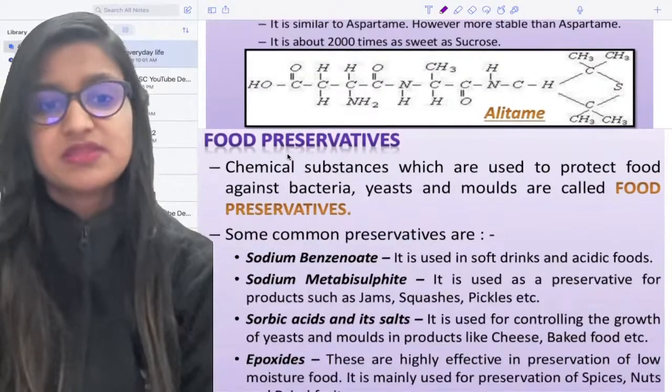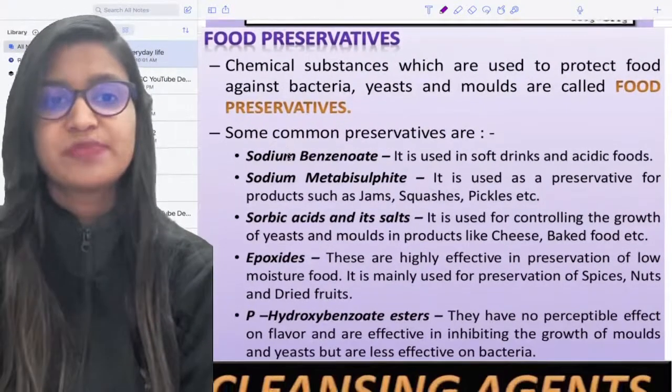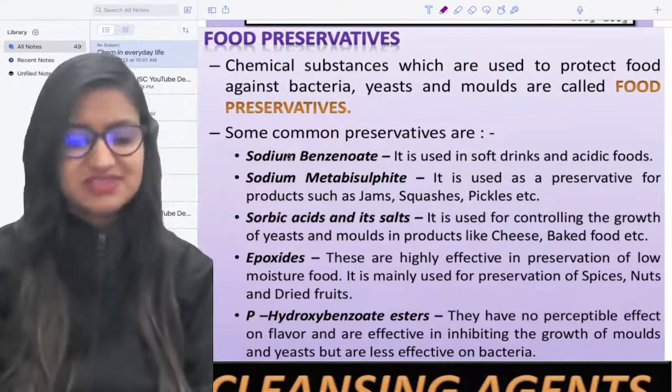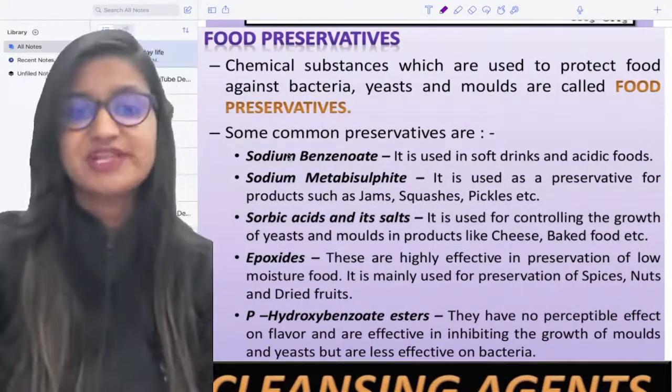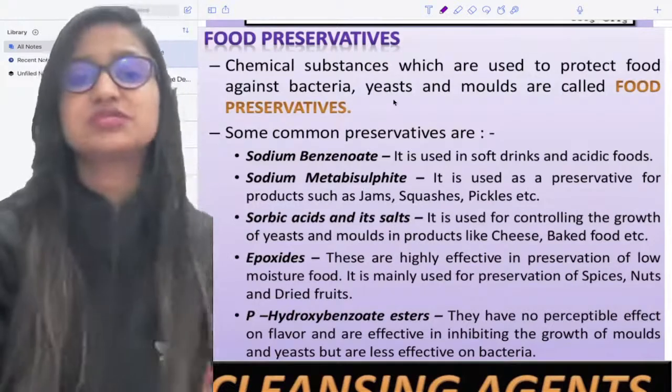All right, now the next thing is food preservatives. ठीक है, ताकि food की shelf life increase हो जाए. Why is it used?